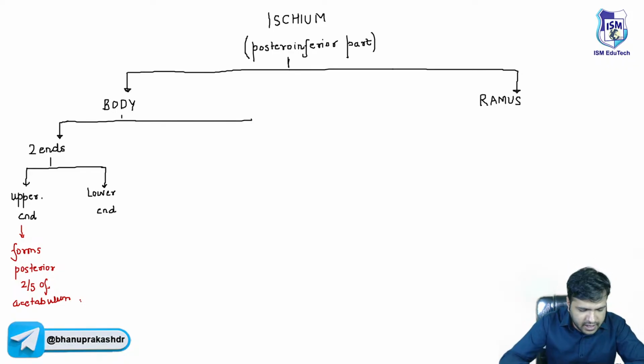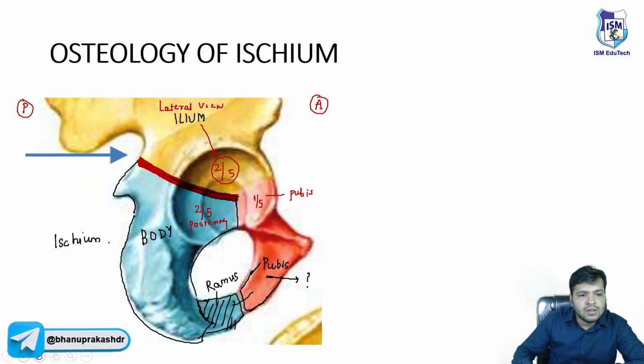Now coming on to the lower end beta. If we specifically talk about the lower end, it is giving rise to the ischial ramus.